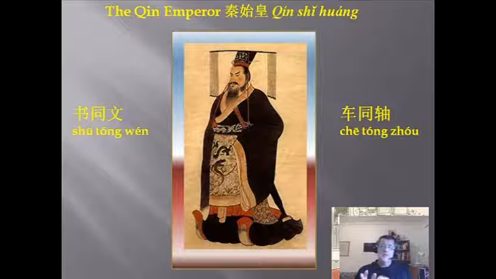Now, a little bit later on, we're going to talk to you about the differences between traditional characters and simplified characters. But even despite those changes in more recent history, effectively the system of writing is the same in many aspects as it was back then. And regardless of where Chinese people are, where they come from, particularly within China, but this includes now areas outside of China where the Chinese have migrated to over the centuries and the millennia, they read the same system of writing.